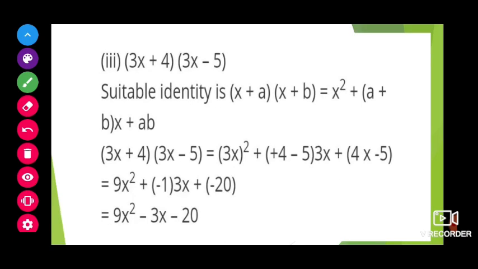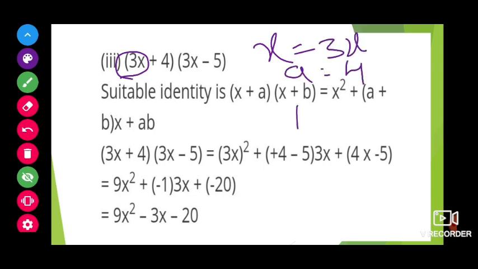Next one, 3x plus 4 into 3x minus 5. Here also it is looking like x plus a into x plus b. But here the x value will be 3x, the a value will be 4, and the b value will be minus 5. So substitute carefully.